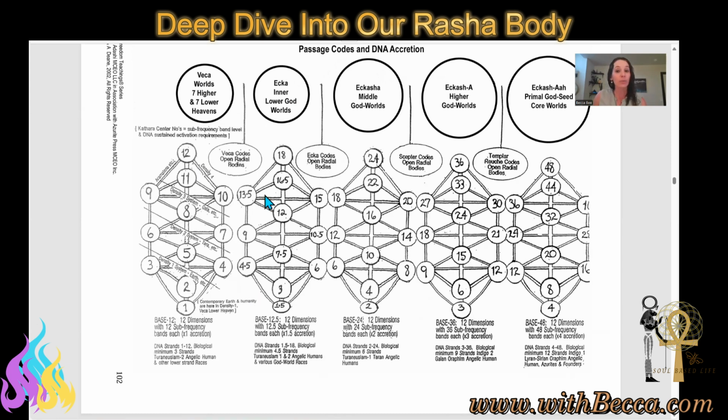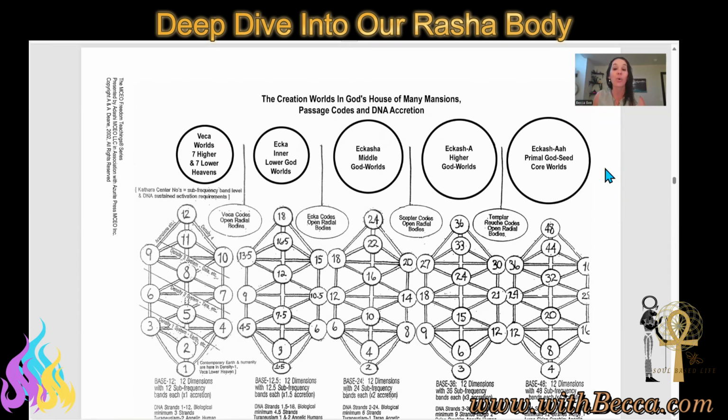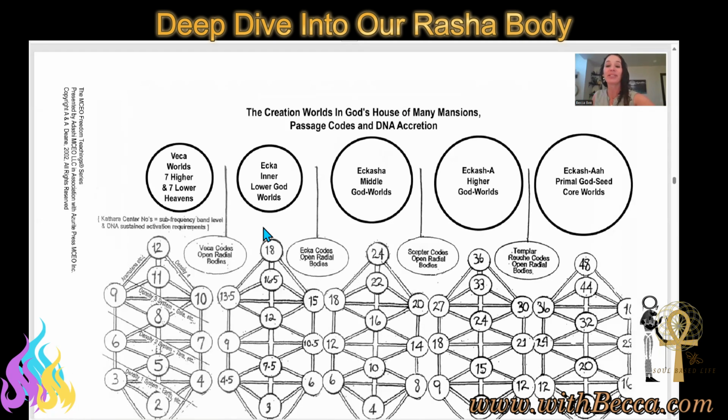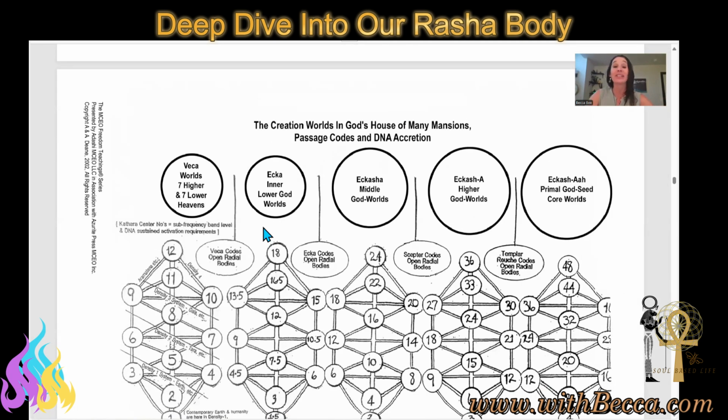There are inner God worlds, middle God worlds, higher God worlds, and then there's the primal God seed core worlds. They go by really fancy terms, but basically everything just has a different suffix or ending at the end of the same. This is Veka that moves to Eka, and then it's Eka, Eka, Eka, but it's Ekasha, Ekasha A, and then Ekasha.